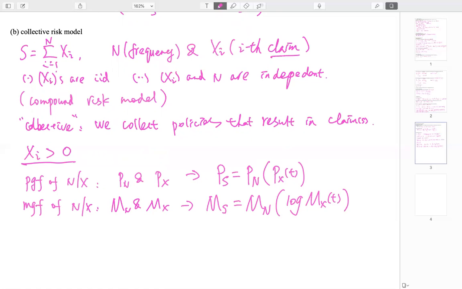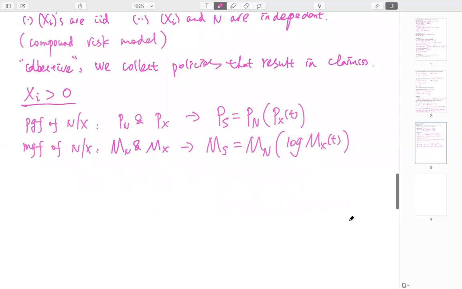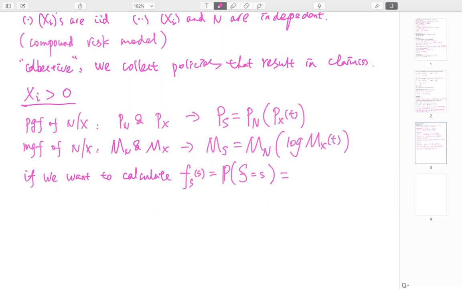From there, there are many wonderful properties. For instance, if we want to calculate the probability of S at some small value, that means the aggregate, let's put this to know it's big S, we can apply this function. We differentiate s times and evaluate at 0 divided by s factorial, right?